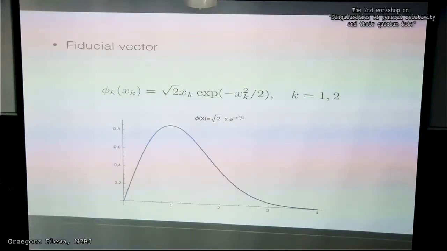From a numerical point of view, it is convenient to consider the fiducial vector in this form. This is a Gaussian-like shape with an exponential term, which decays fast at infinity and also vanishes at x equals 0.